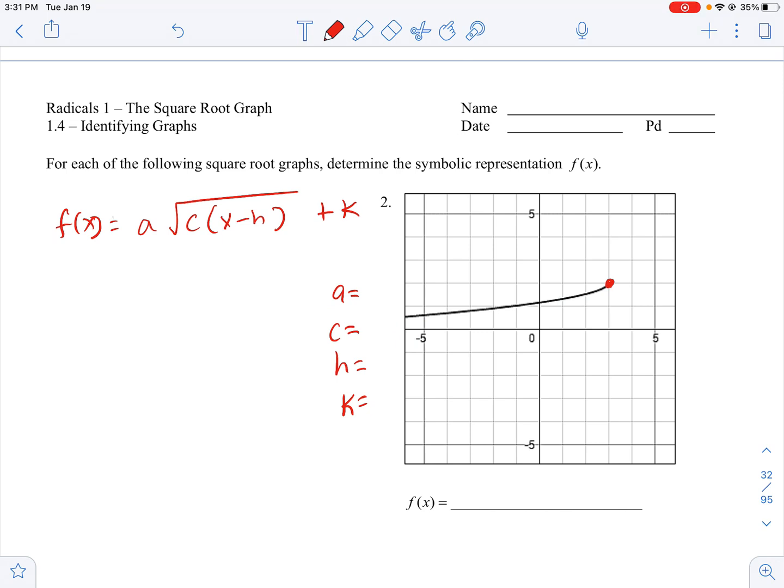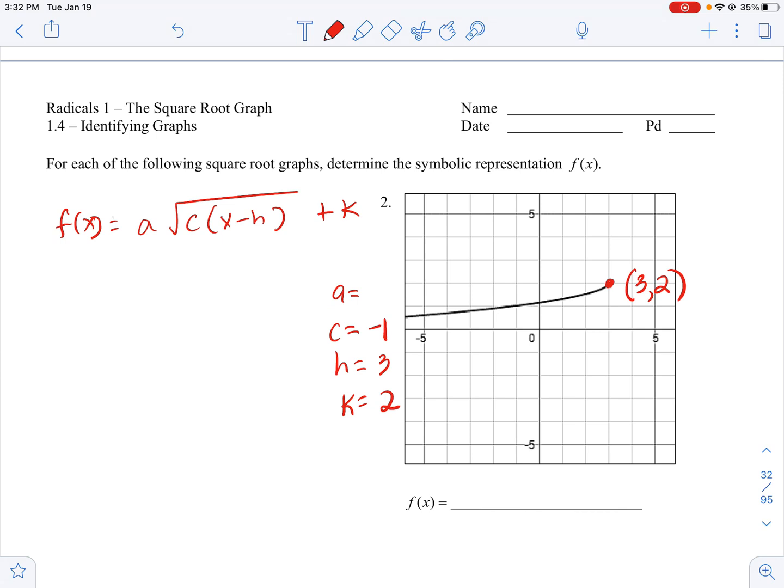But it looks like it's going to the left, so my c is a negative 1. Okay? And then my h is the coordinate of this point. That is 1, 2, 3, comma 2. So, oops, my h is 3, my k is 2.